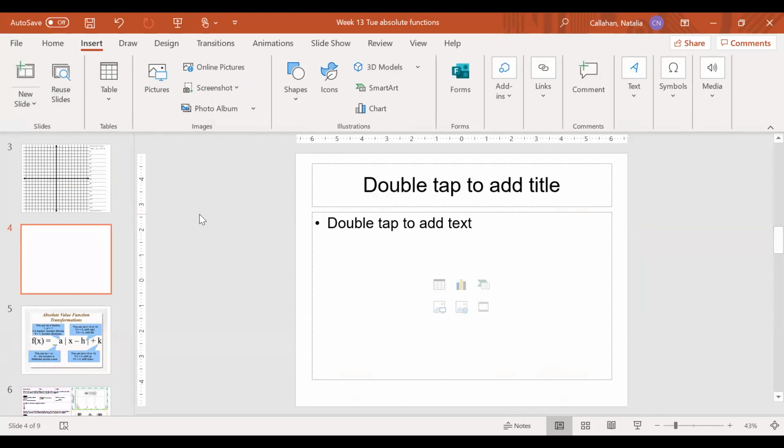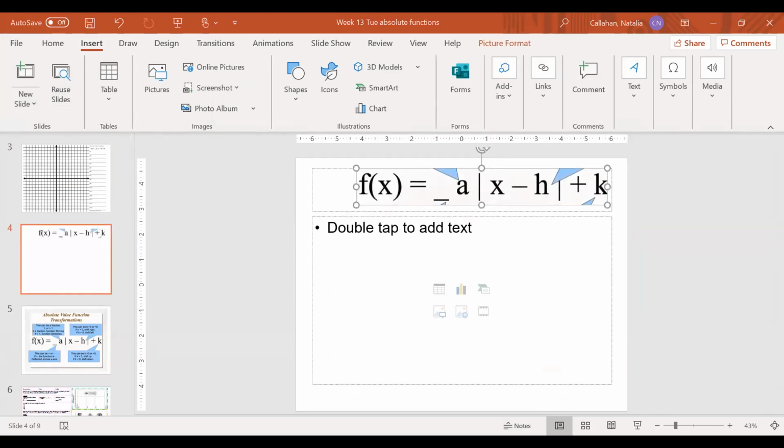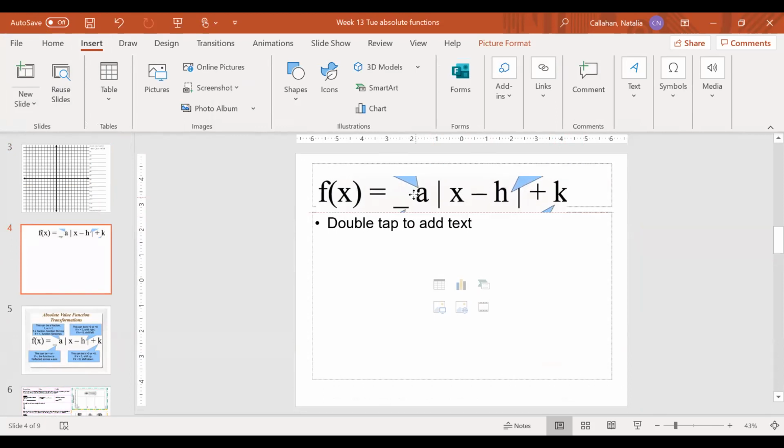Okay, so now that we have done this several times, you should pretty much have an idea as to how this is done, okay? So here is your equation.